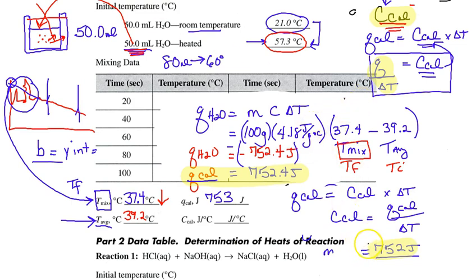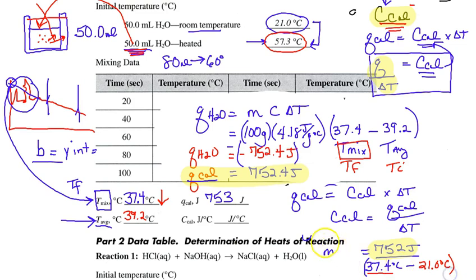So what we're going to do is our T mix, which is 37.4 degrees Celsius. That's my final minus my initial. Again, this is my T mix, it's my final, and my initial temperature before it got warm was 21.0 degrees Celsius.